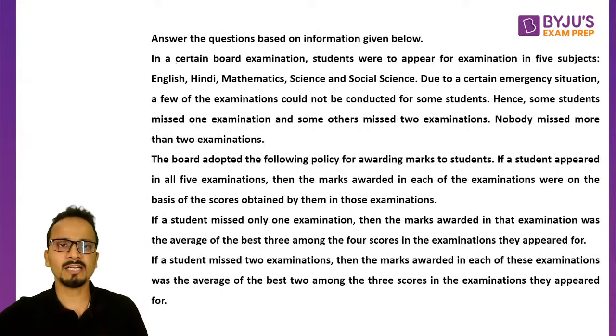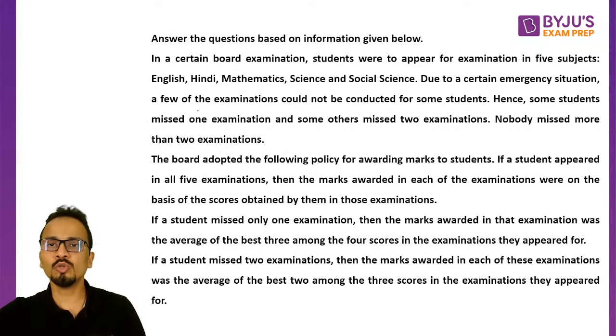This question says that in a certain board examination, students were to appear for examination in 5 subjects. Subjects are English, Hindi, Maths, Science, and Social Science. Due to a certain emergency situation, a few of the examinations could not be conducted for some students. So out of these 5 examinations, some examinations could not be conducted for some students.